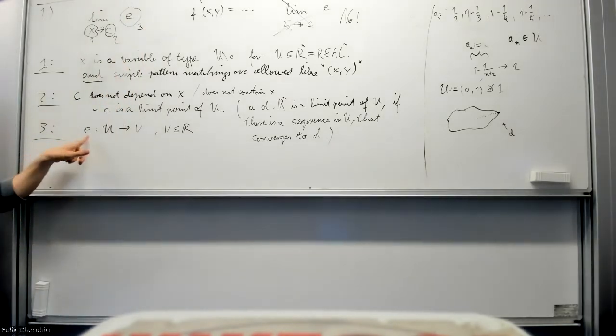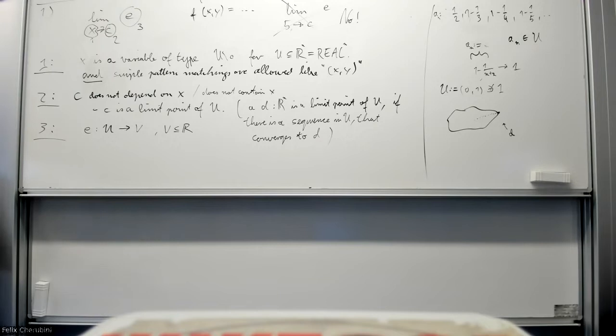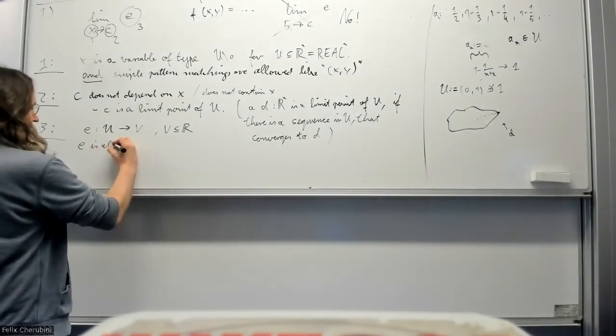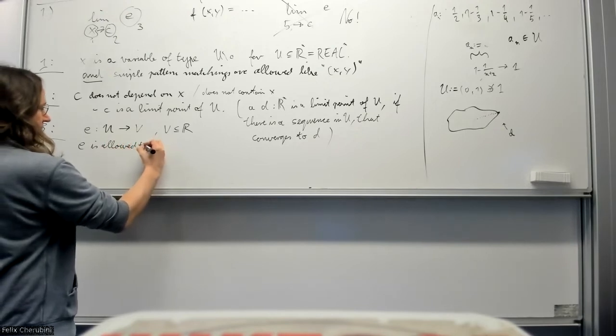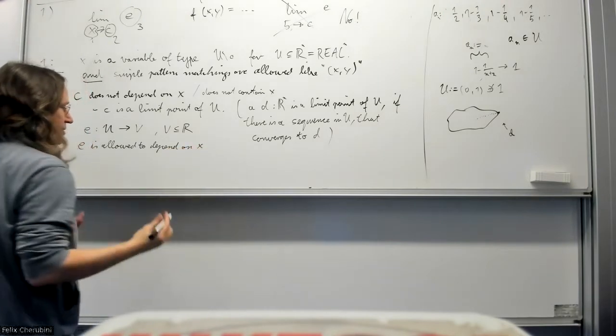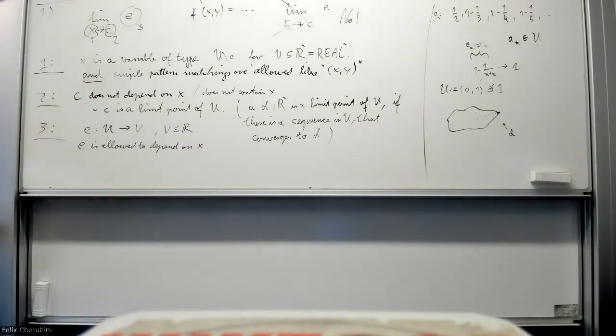So it's a thing that depends on X. So E is allowed to depend on X or contain X or be a function in X, whatever works best for you. Okay, so I would say that solves the first part of this exercise.